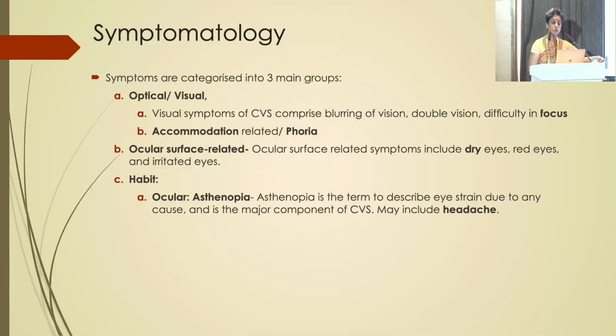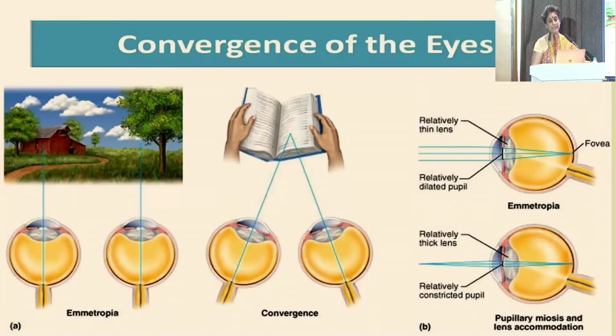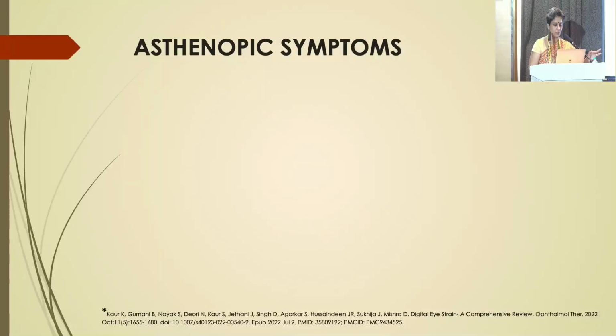And of course, related to the habit, how we are sitting, and to what extent or duration we are looking at the screen. So this is leading to asthenopia, plus of course the extraocular symptoms, including the postural and sleep issues. So there's a lot of it related to convergence.